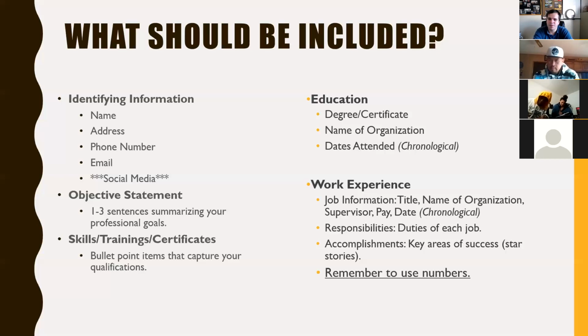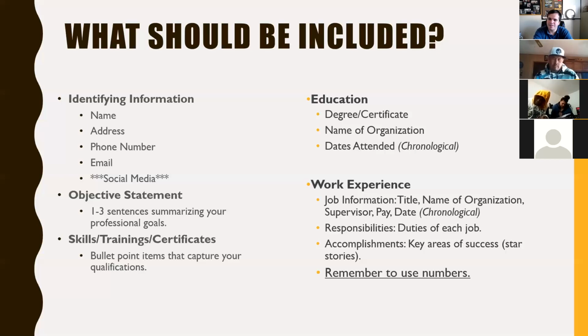I'm looking to enter a career in counseling, higher education, or human services. That would be a good objective statement. It doesn't have to be super fancy. It just has to describe who you are and which direction you see yourself going in life.